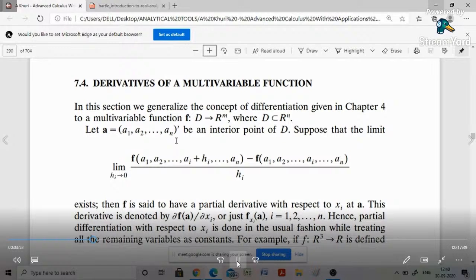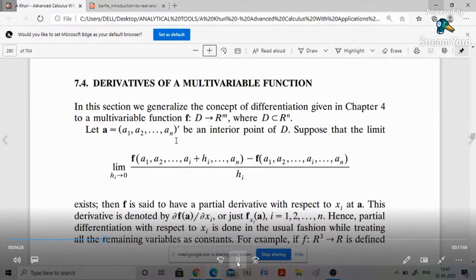It is an interior point of D. And suppose that we are setting the limit as hi tends to 0 in the case of the ith variable: limit hi tends to 0 of f of a1, a2, etc., ai plus hi, comma, etc., an, minus f of a1, a2, etc., ai, comma, etc., an, divided by ai plus hi minus ai.